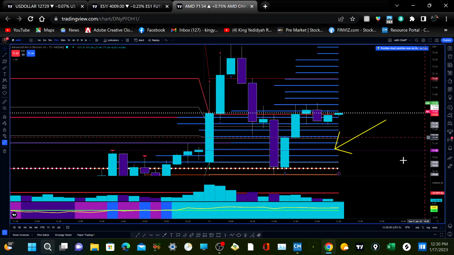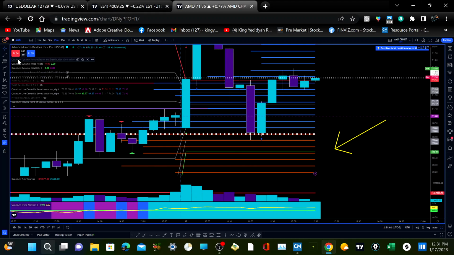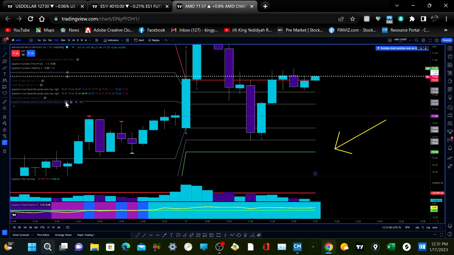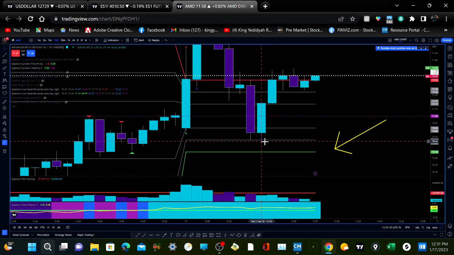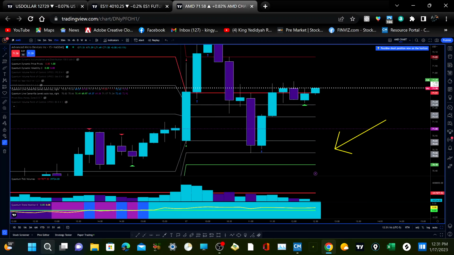And the Camarilla levels for that was, I think it was somewhere around, let's see, let's take off the volume point of control so I could show that. Right, so we came back to like S2, just above S3. So yeah, that was the trade.